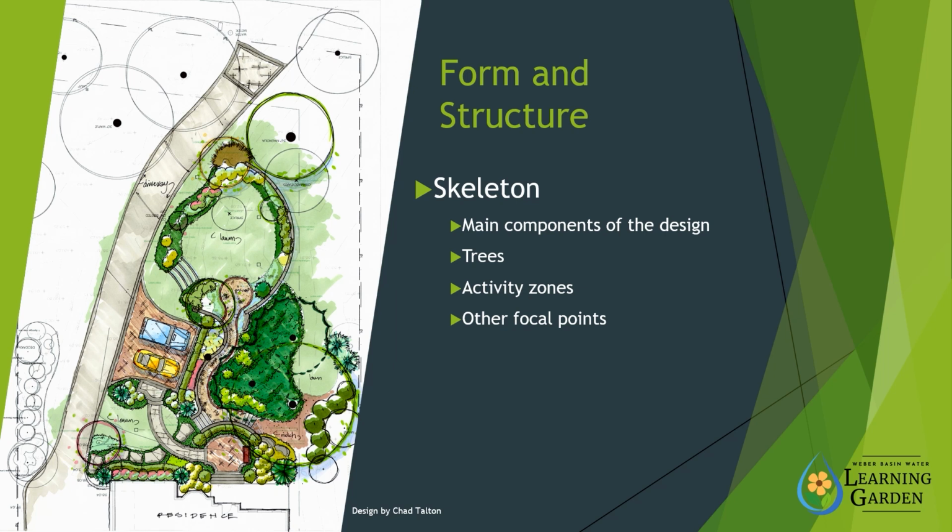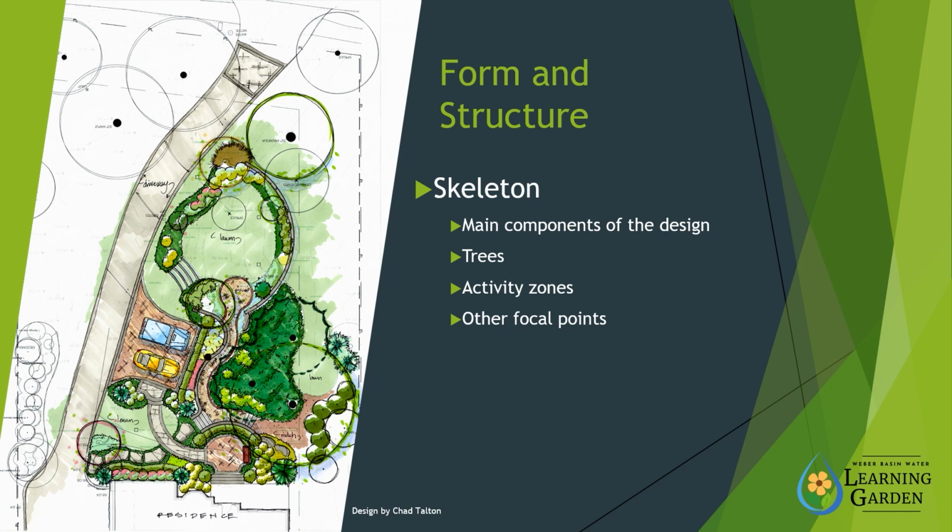There are the skeleton parts, the more structural parts of your design. Those are the elements that are most important, that you want your attention to be drawn to. They are the elements that really provide the structure of your design. So they are your trees, your activity zones, and other focal points.